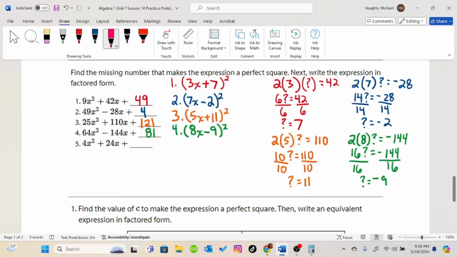And finally, number 5. I know that the square root of 4x squared is 2x. I know that I'm going to multiply 2 times 2 times something to get my b term, which is 24. 2 times 2 is 4.